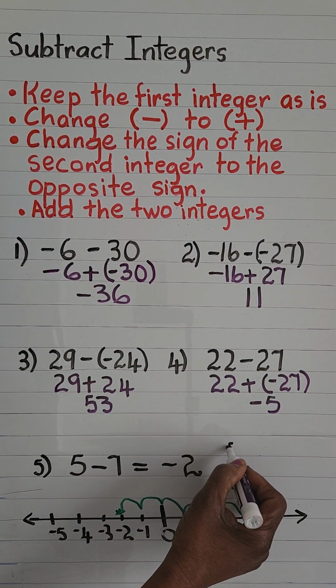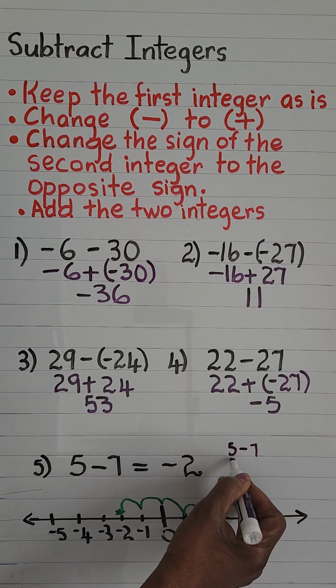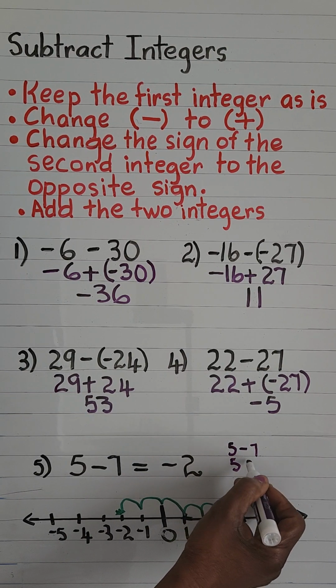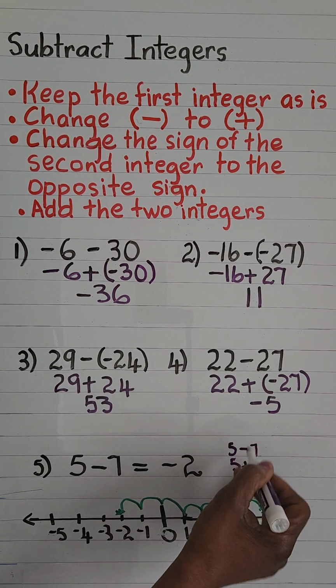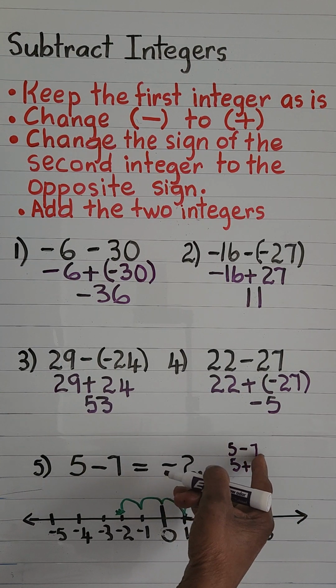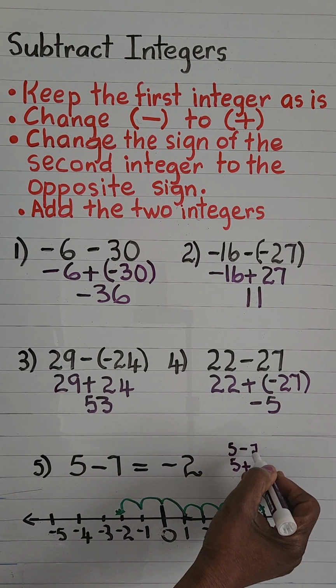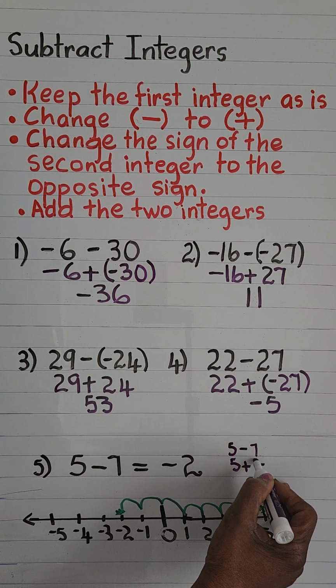So this is 5 minus 7. We're going to keep the first integer. Then we're going to change to plus. We're going to change to addition. And then we're going to write the opposite of the second integer. The opposite of 7 is negative 7.